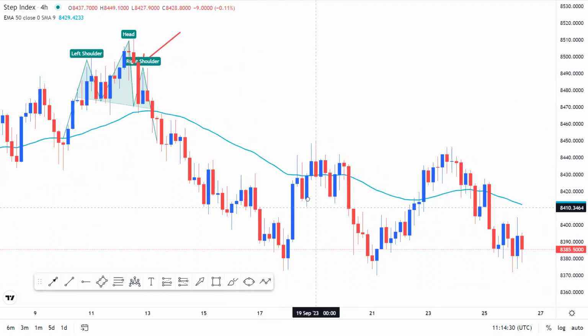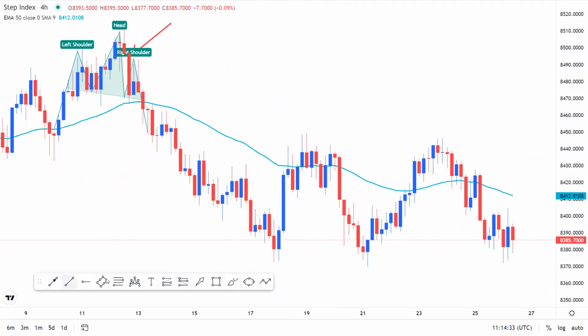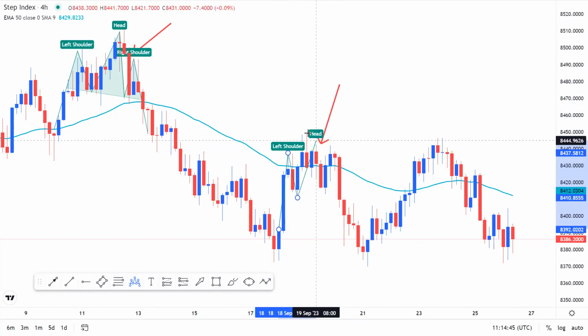And then the very next head and shoulder pattern I can see would be this right here, where I have the left shoulder, the head, and then the right shoulder.